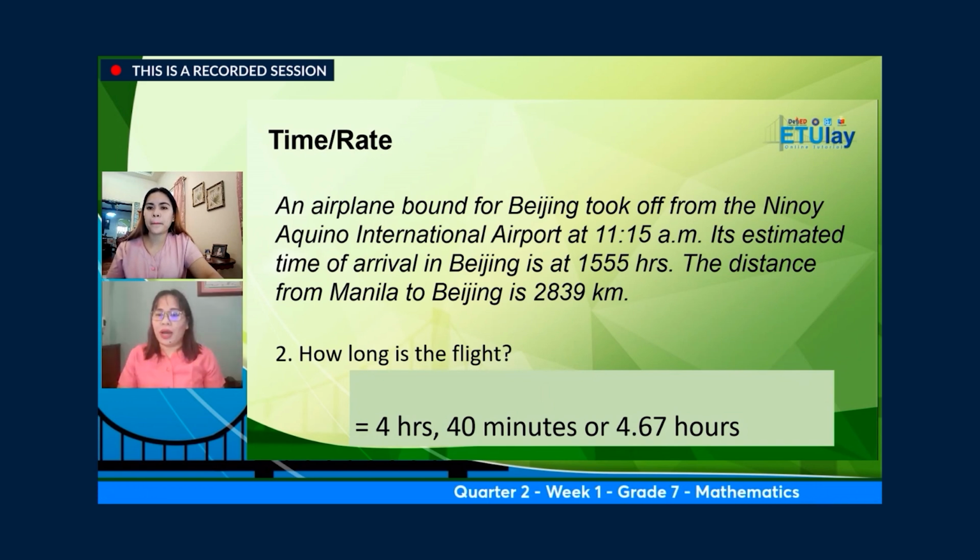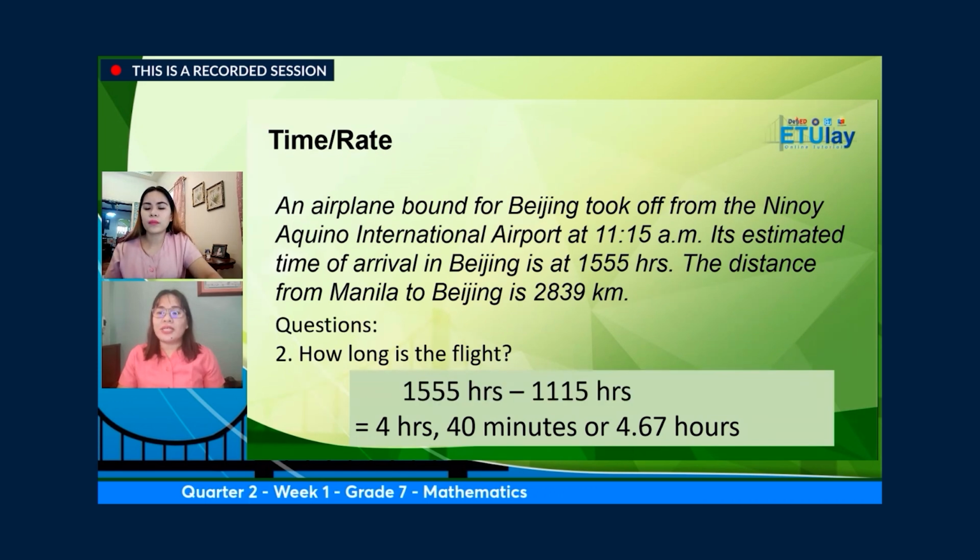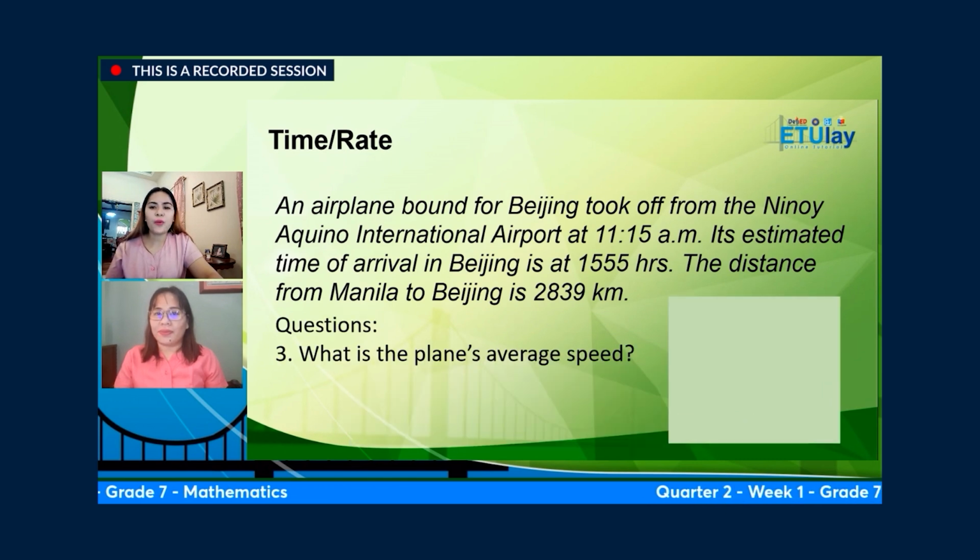We're going to subtract 15:55 hours minus 11:15 hours. The answer is 4 hours and 40 minutes, or 4.67 hours.